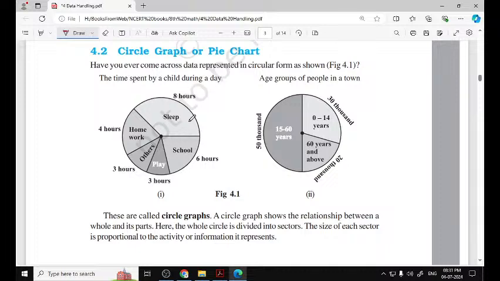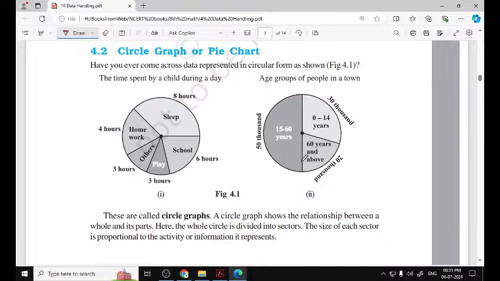Out of 24 hours, 8 hours for sleep, 4 hours for homework, 3 hours for others, 3 hours for play and 6 hours for school. So the complete day is divided into different activities and this is called a pie chart.